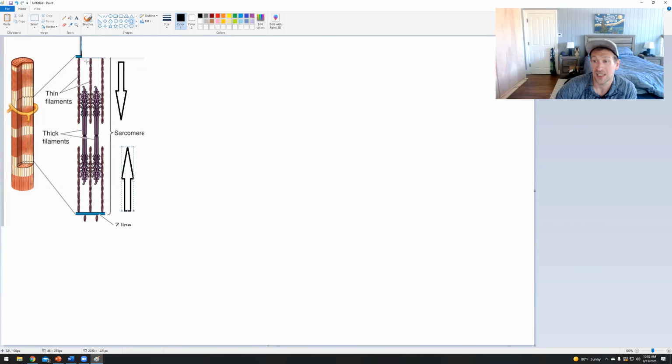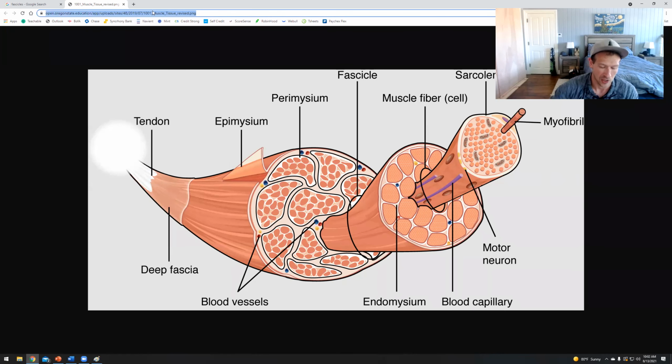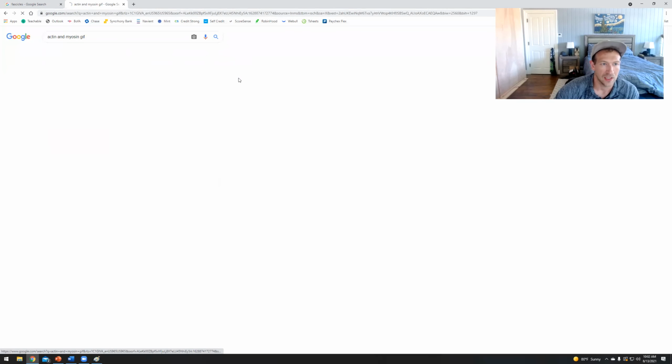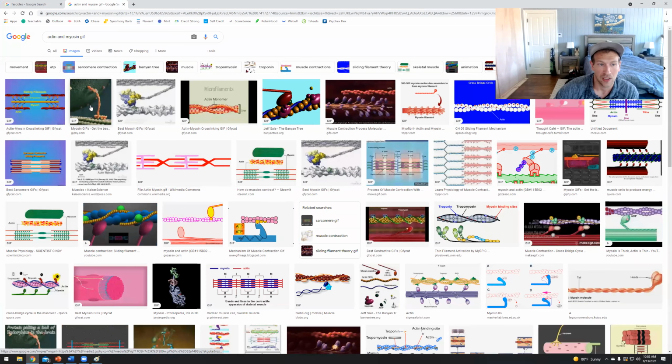It's the area of town, basically, where actin and myosin are overlapping with one another. The sarcomere is going to pull, and there's going to be this sliding action. Those little heads are going to crawl like this. In fact, if we look at actin and myosin in action, if we look at a little GIF, they literally crawl along like this.